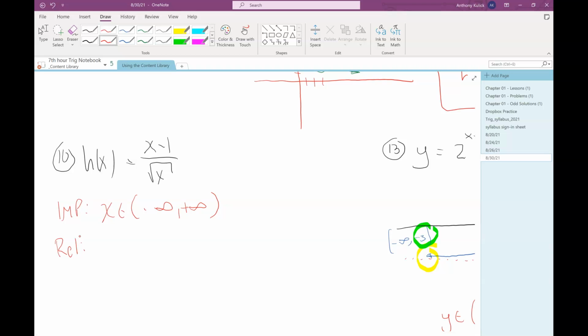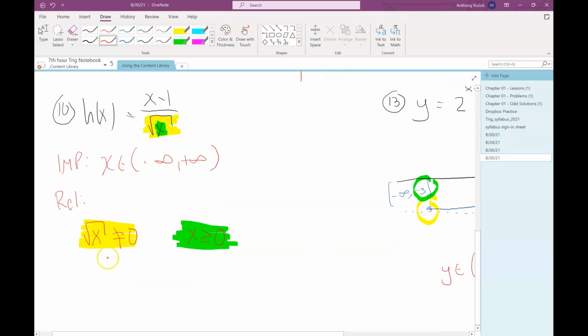Now, subtraction doesn't cause any problems because you can subtract any two real numbers and always get an answer. Division, though, can cause a problem. When I'm doing division, whatever the denominator is cannot equal 0. And I know square roots can cause a problem because anything I take the square root of has to be non-negative. Okay with that?